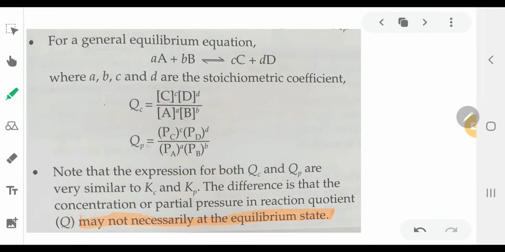That part is for the products, with concentration C to the power of c and concentration D to the power of d, exactly the same as the way we write Kc.